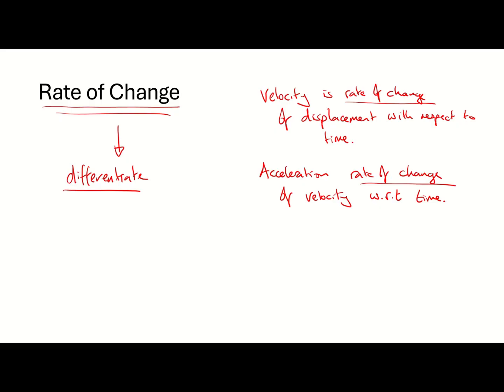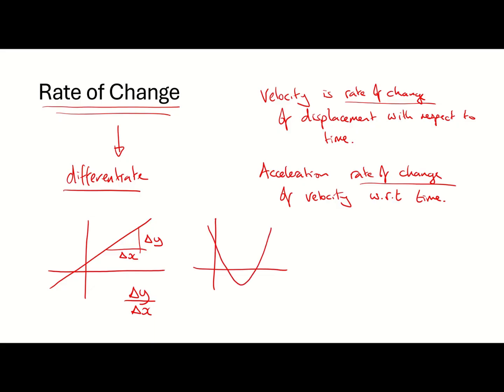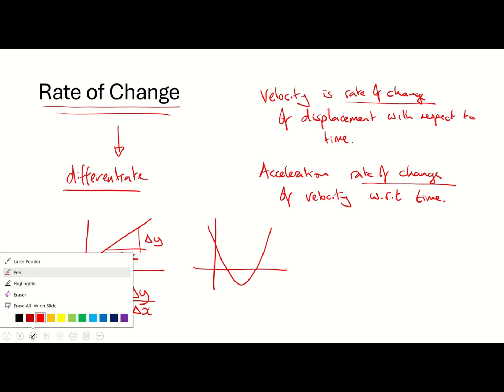Now we could do this graphically as well. So if we had a straight line, we know that the gradient of a straight line is measured by the change in y divided by the change in x. If it wasn't a straight line, if we had, let's say, something that looks like this, I could work out the gradient at any point by drawing a tangent to the curve.